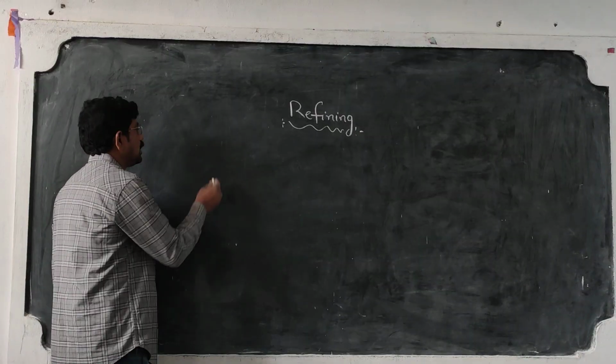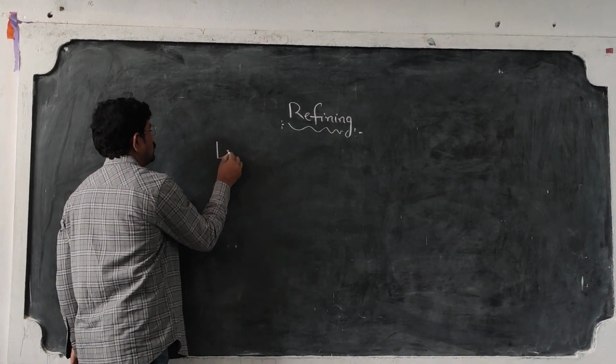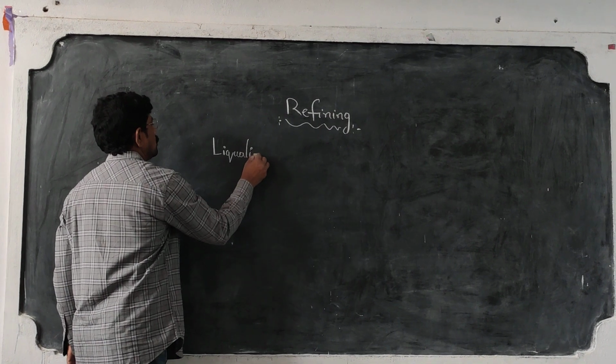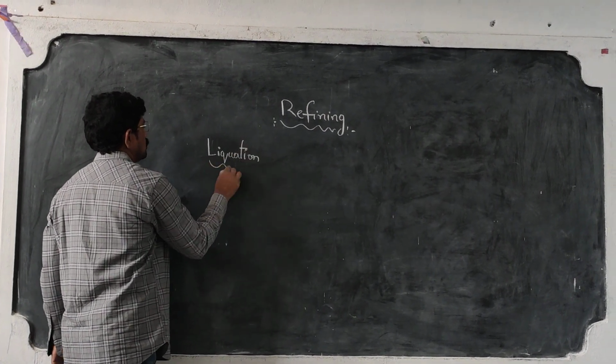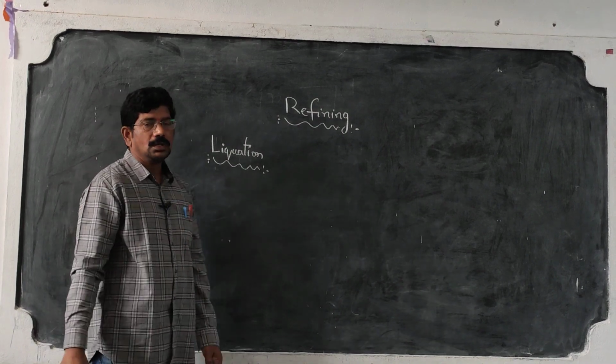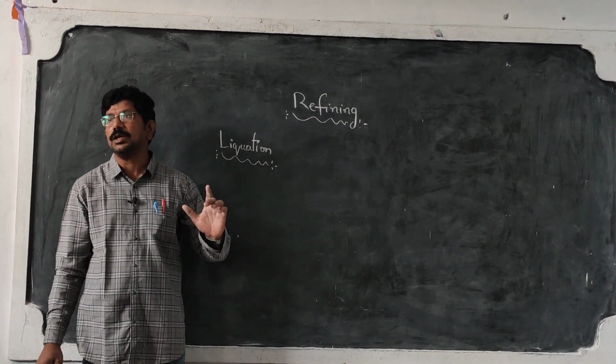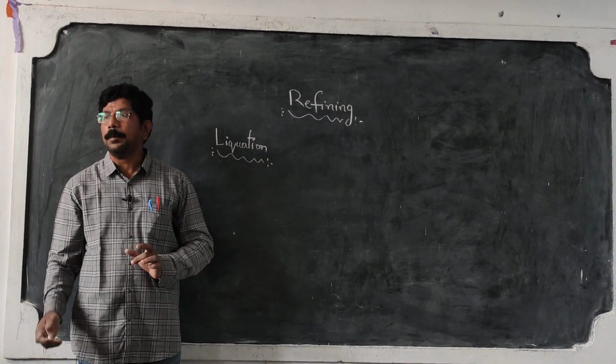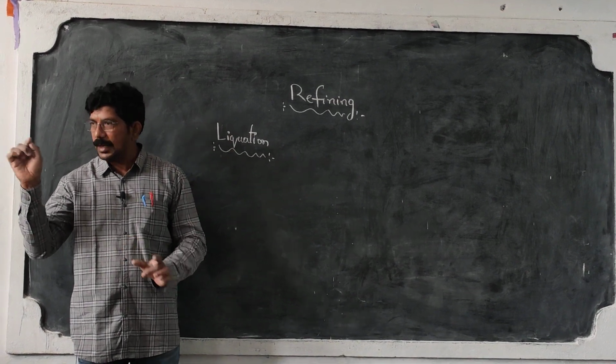Next is liquefaction. We use this method to refine metals like tin, stannum, and lead.